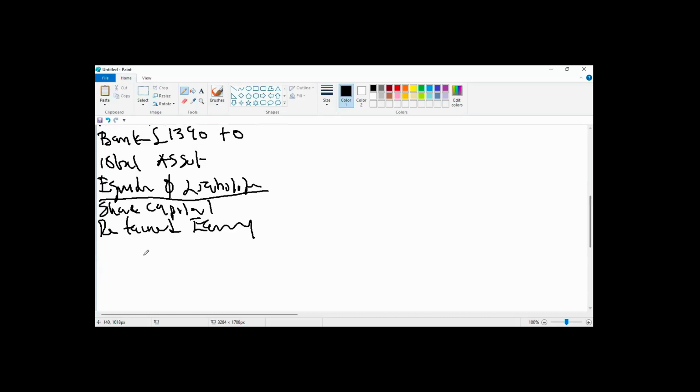NCI. Non-current liabilities: 12% debenture, which is 82 plus 28.